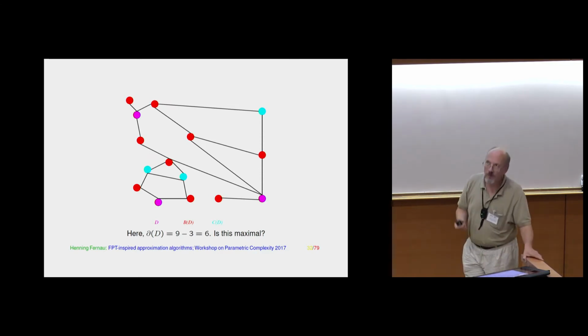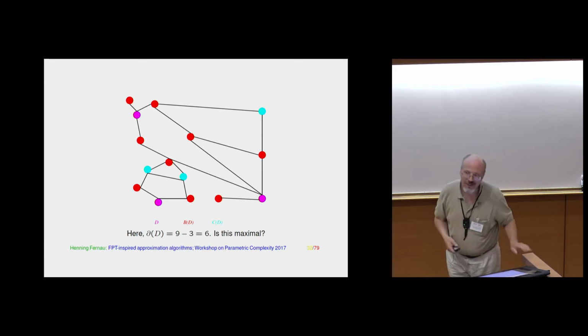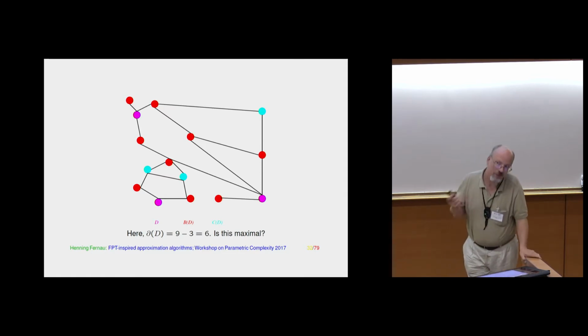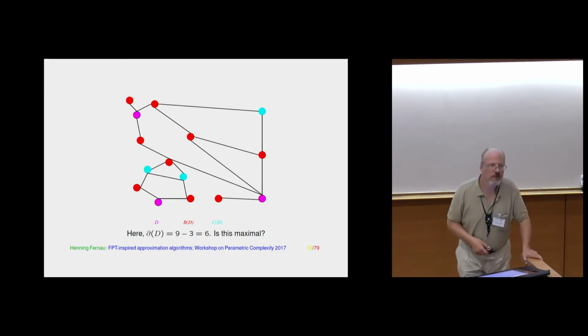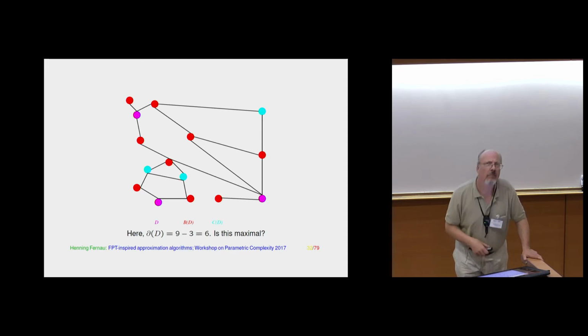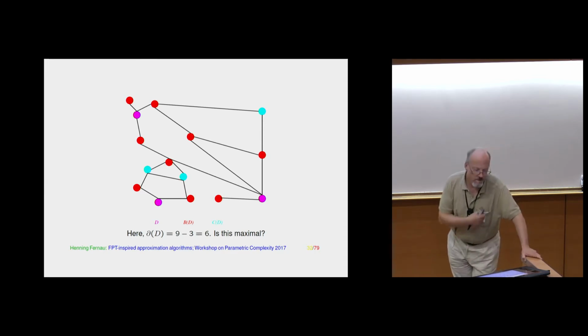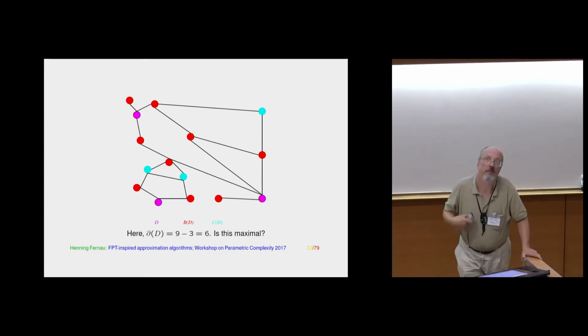So once more, these pink guys dominate the red guys, so to speak, or may influence them. The idea of the authors in introducing this graph parameter was to say, okay, somehow I have to first pay some money to these pink guys in order to become active to influence their neighbors.